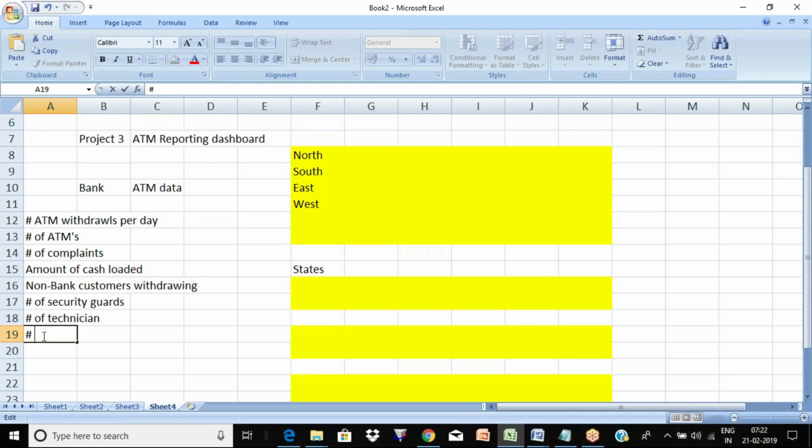One of the key metrics we could have is the number of times a deposit got stuck. Deposit money got stuck. This could be one of the criteria.